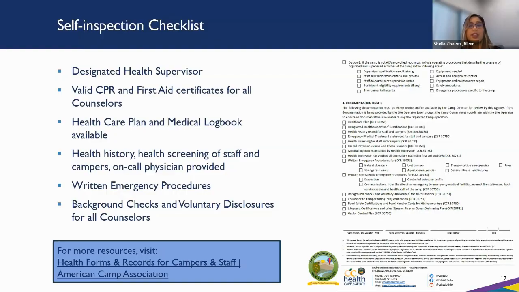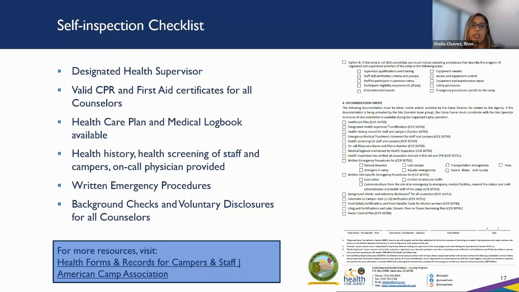Camps must also have a written healthcare plan in place. And this plan outlines staff's responsibilities, healthcare and sanitation procedures, record-keeping systems, supply maintenance, coordination with local medical providers, and disease prevention and control strategies, including how illnesses are managed.